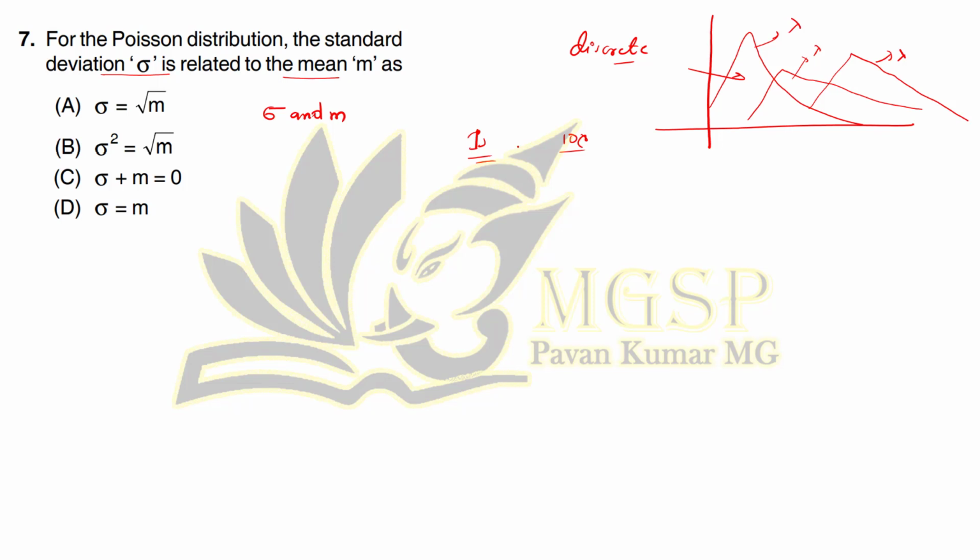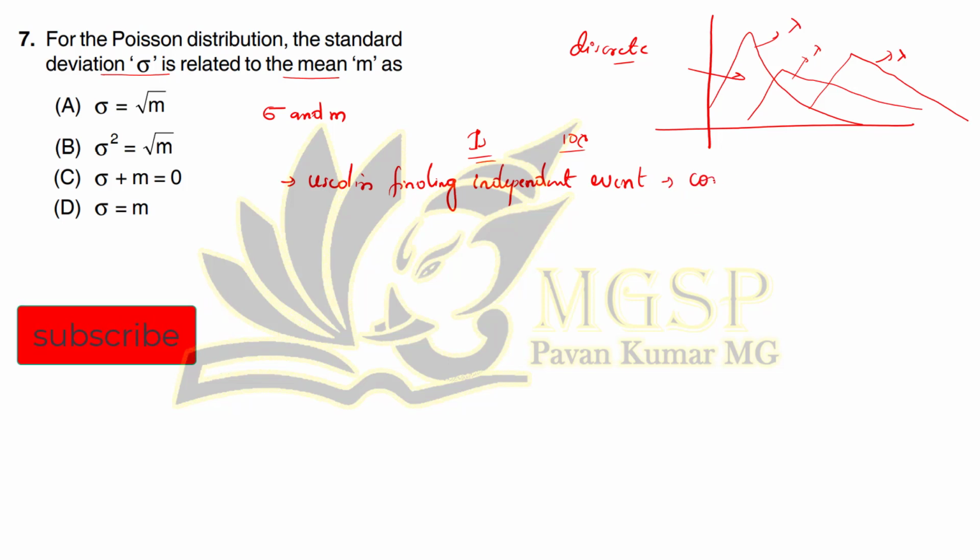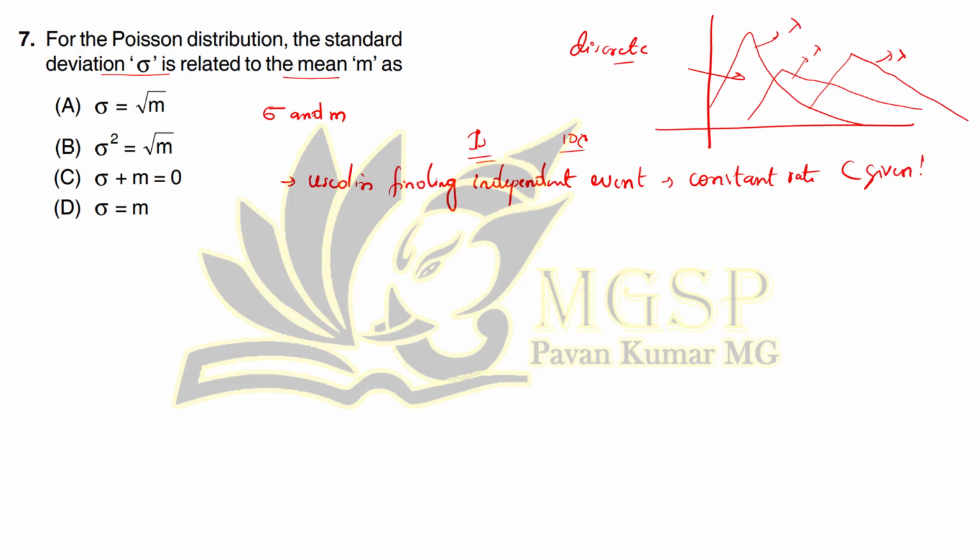It is used to understand independent events that occur at a constant rate in the given time interval. The time interval is limited, that will be finite.